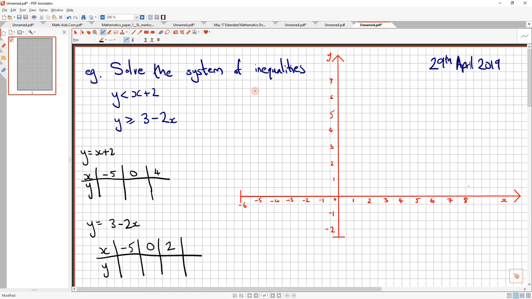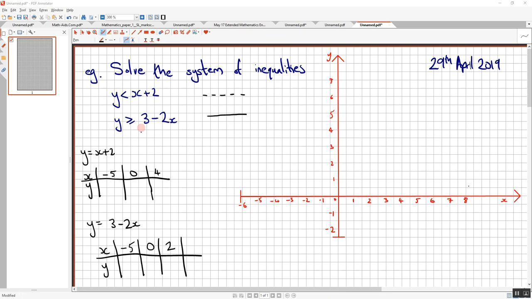Which one is the dotted one? First one, okay. The first one is going to be a dotted line, and this one is going to be a full line, okay? So just keep that in mind when you're drawing these lines. This one is dotted because it is not equal to. This one is a full line because it is equal to.